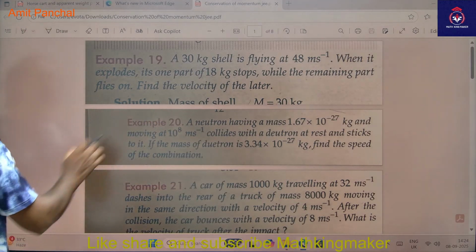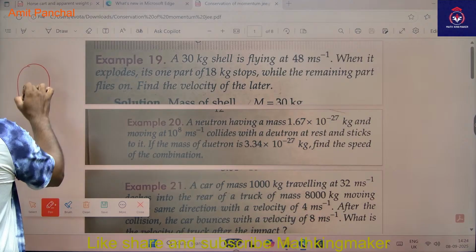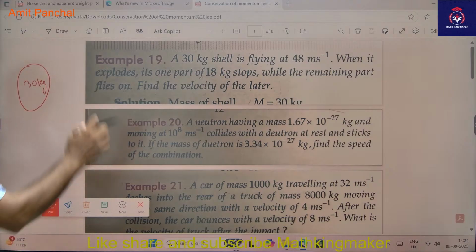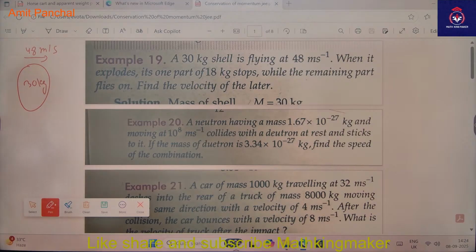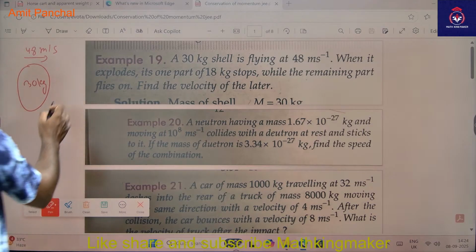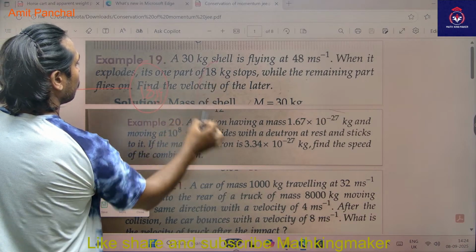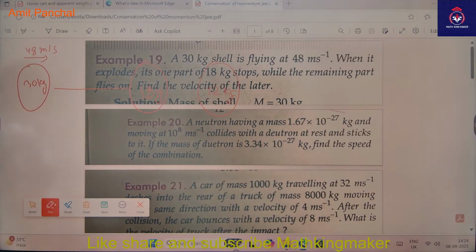Basically, initially it was 30 kg, so let us say this is a 30 kg shell flying with the speed of 48 meters per second. When it explodes, one part of 18 kg stops, while the remaining part flies on. That means it is exploding into two parts. One is 18 kg, another is 12 kg. The remaining will be 12.